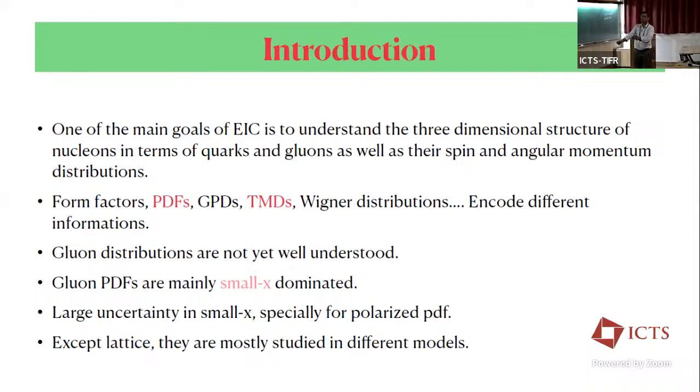These are basically some hindrances to investigating gluon distributions. Except for lattice, they are mostly studied in different models. For lattice, I think you have listened to the lattice talks about those predictions.